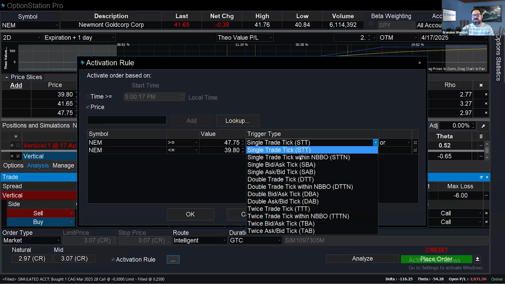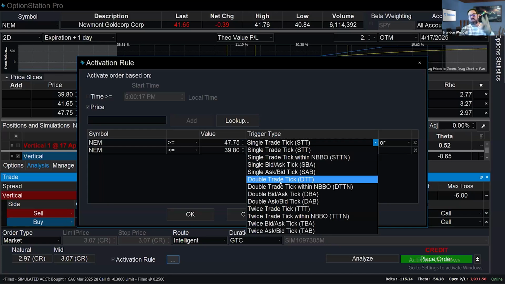Well, you can do specific things. Now you've got to leave your computer on for these to work, by the way. You can't just set it and forget it. You've got to let your computer stay on for this to be active. But basically what this is saying is, if you have a trade, it has to be within the national best bid or offer, so within the spread at the time the trade comes through, otherwise it'll be ignored.